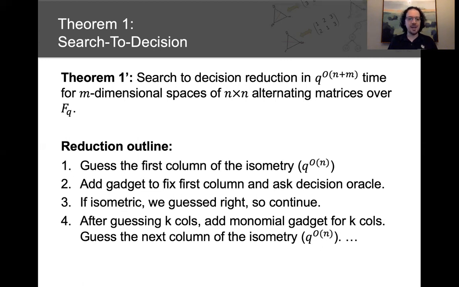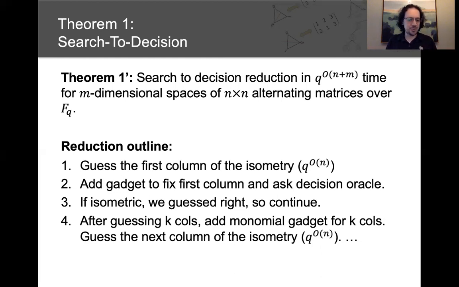Now we want to somehow use the decision oracle to know, were we right? This is just like in the graph case where you tried all possibilities for where one vertex went, and you used the decision oracle to tell you if one of those was actually possible in an isomorphism. So we add our monomial gadget from the previous slide to fix the first column up to scale, and then we ask the decision oracle: now that I've guessed my first column and added this gadget, are the resulting things isometric?